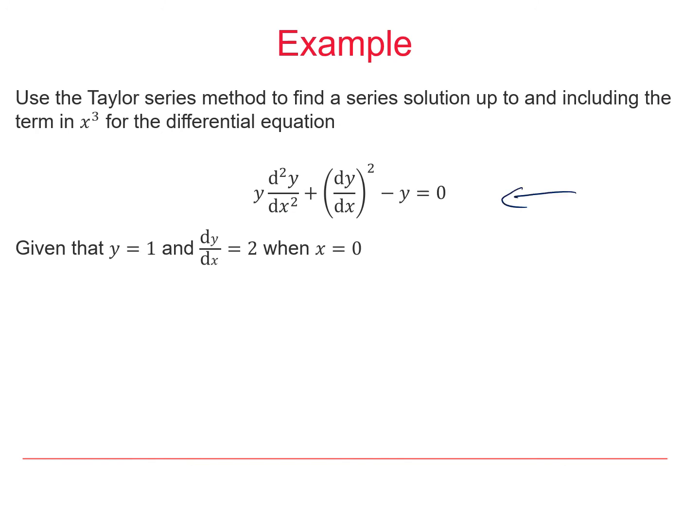In this example, we have a second order differential equation, so the number of boundary conditions we need has grown by 1. We've got a value of x, a value of y, and also a value of dy by dx. We're also asked to go up to and include the term in x cubed, which means we need to evaluate the third derivative as well.